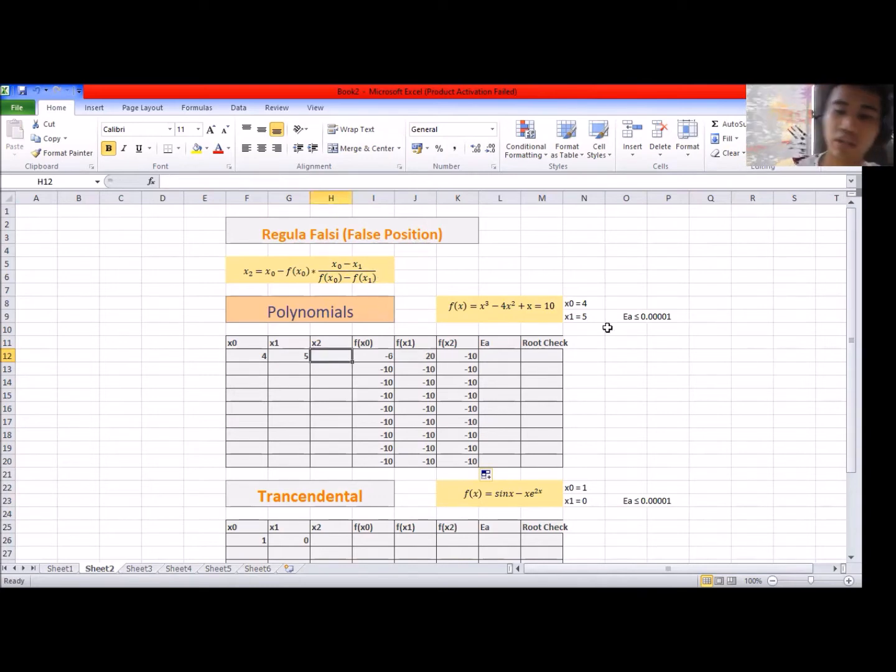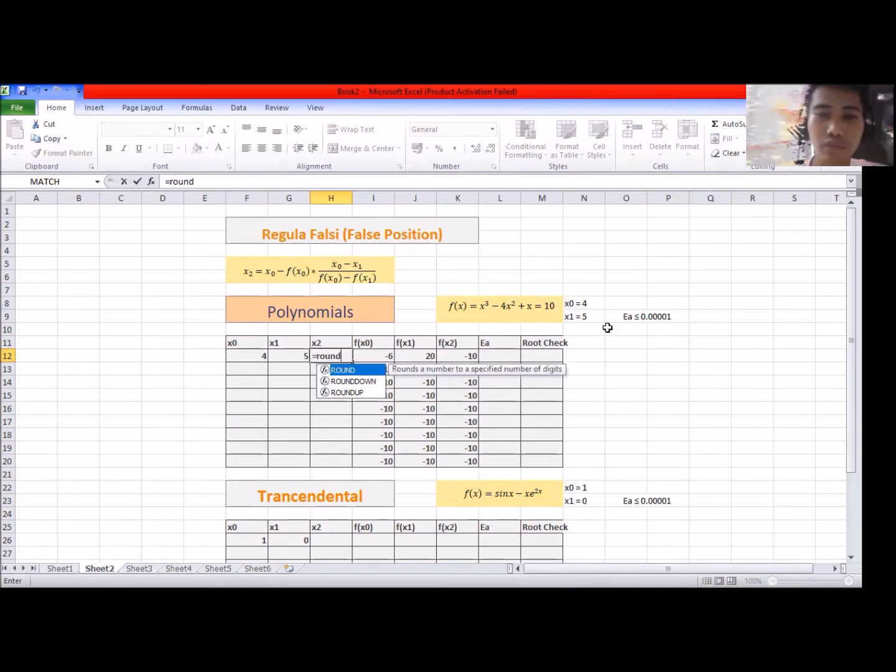Then in getting the number, the formula, so x of 0 minus here we need to open close parenthesis, this 2 for function of x, what? For x of 0. So let's write it.